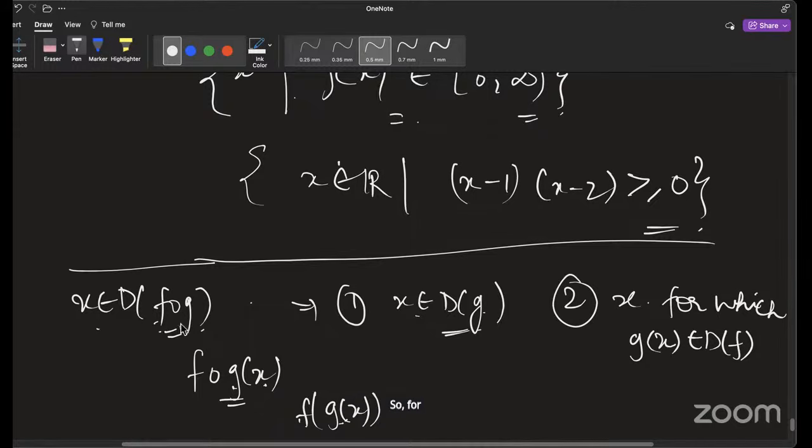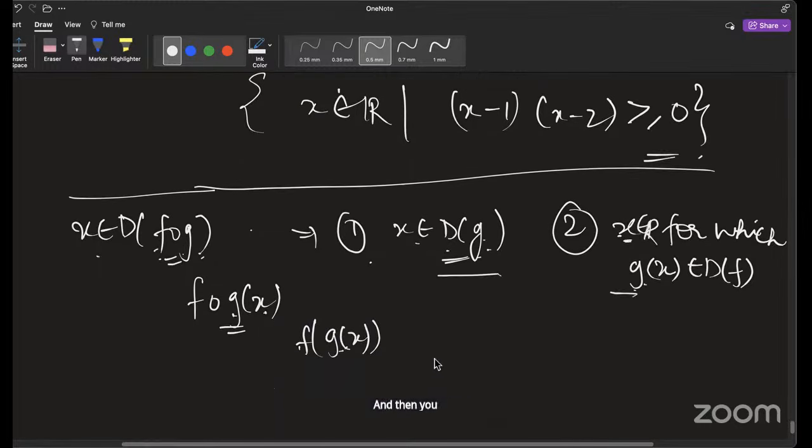So for x to be in domain of FOG, first x should be in the domain of g, and second, x should be a real number for which your g(x) is in domain of f. And then you combine these two conditions.